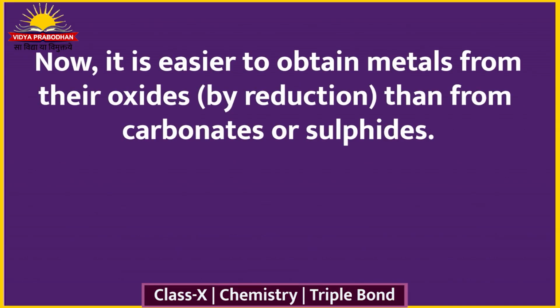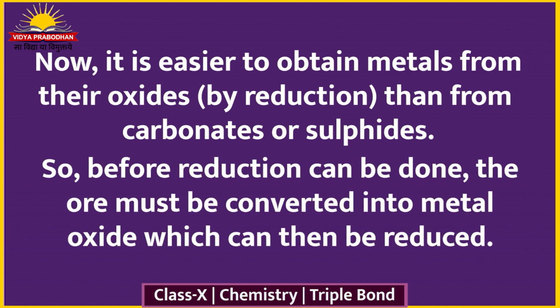Now, it is easier to obtain metal from their oxides by reduction than from carbonates or sulfides. So, before reduction can be done, the ore must be converted into metal oxide, which can then be reduced.